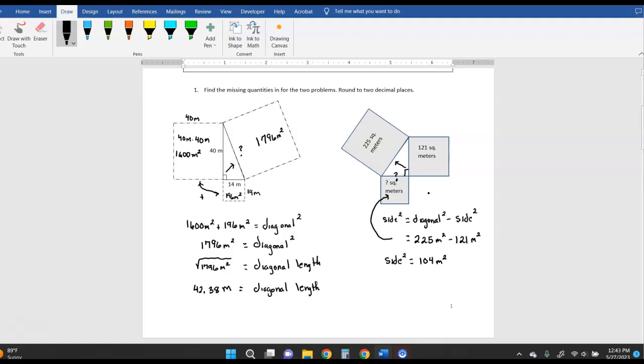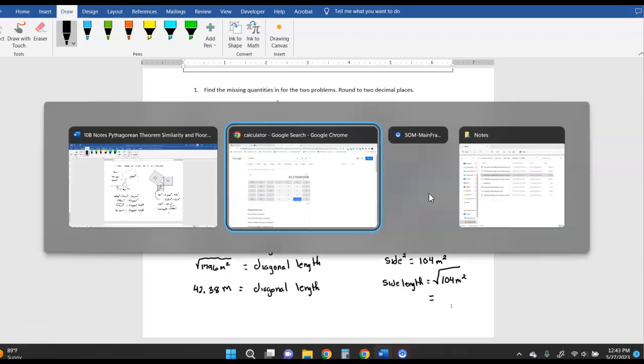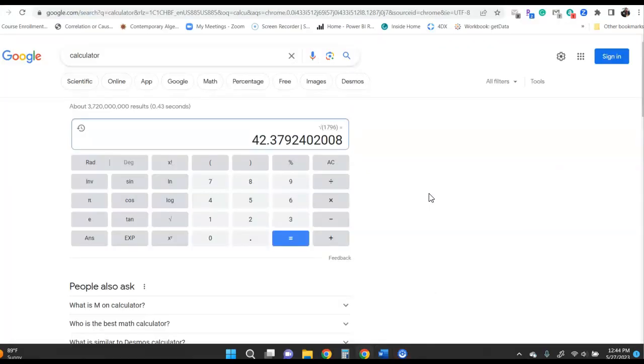In order to find just the length of one of the sides, we're going to take the square root. So the side length is equal to the square root of 104 meters squared. Now when we do this one, let's talk real quickly about rounding.